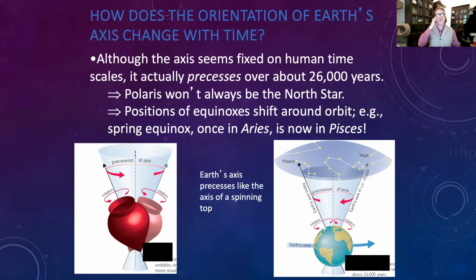What he noticed was that the point in the sky where things rose on the vernal equinox changed over the course of the year. And we have since refined this and determined that the precession of the Earth's axis, basically as it moves around, similar to that of a top slowing down, is around 26,000 years.